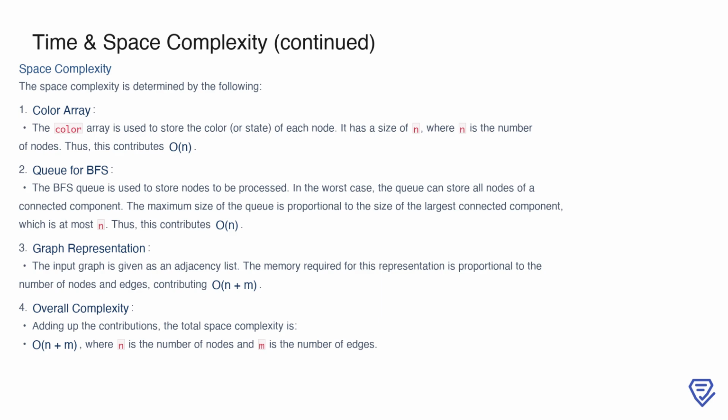Additionally, the graph itself is represented as an adjacency list, which requires memory proportional to the number of nodes and edges. This adds O(n + m) to the total space usage. Therefore, when we add these contributions together, the overall space complexity of the algorithm is O(n + m), accounting for the color array, the BFS queue, and the adjacency list representation of the graph.